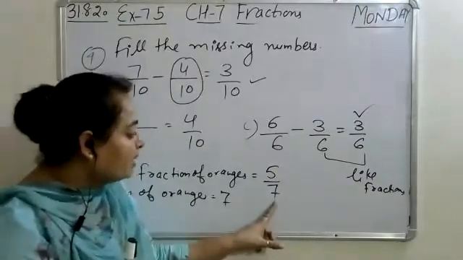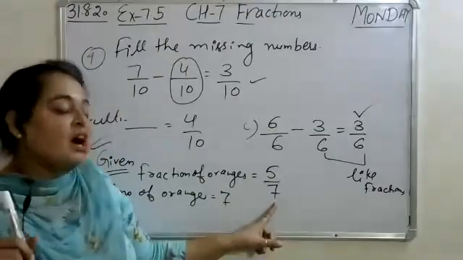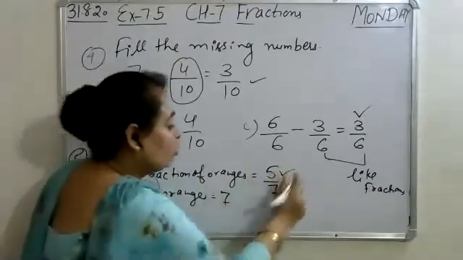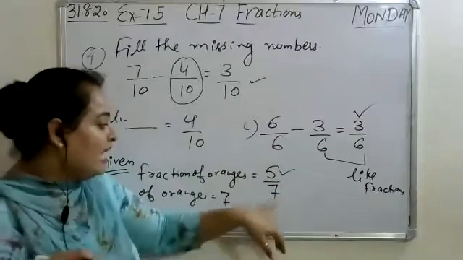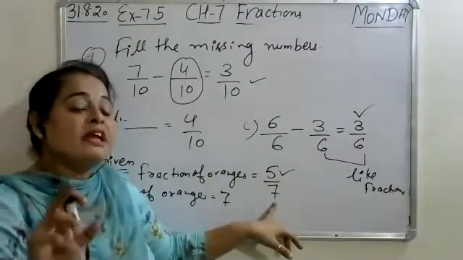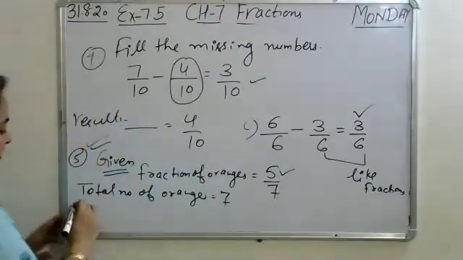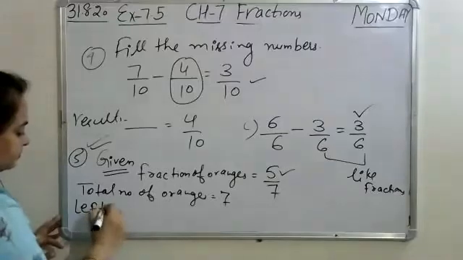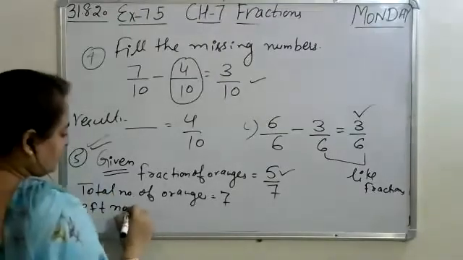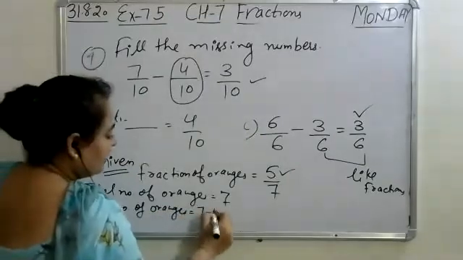So the denominator 7 means 7 total oranges. Now Javed has been given 5 out of 7. We gave Javed 5, so tell me the left oranges. Ma'am, 7 minus 5. Left number of oranges. Very good. 7 minus 5 is 2.